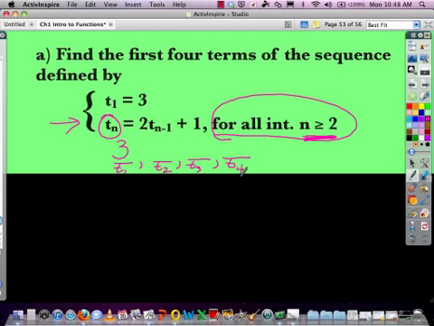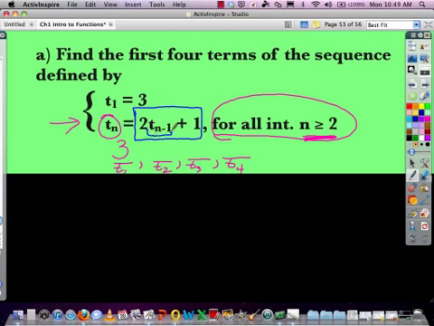Now, focus in on just that equation that falls after the equal sign. If we said in words what that equation looks like right now, most of you would say 2 times T sub n minus 1 plus 1. But I believe in our last slide, we just said something about that T sub n minus 1.